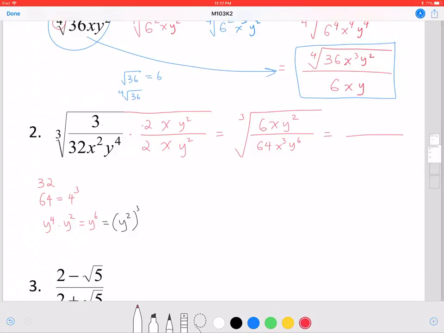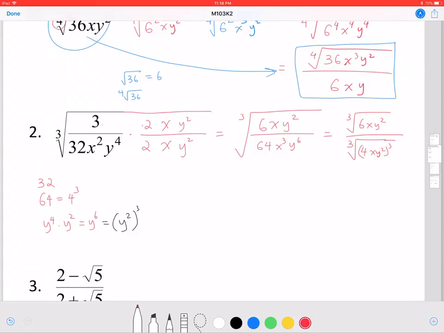Then by one of the properties of radicals, I know I can split this in 2, or write this as a fraction of 2 separate radicals. The denominator, instead of 64x cubed y to the 6th, I'm going to write as 4xy squared quantity cubed.